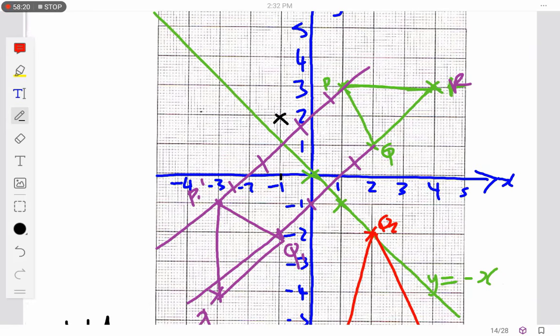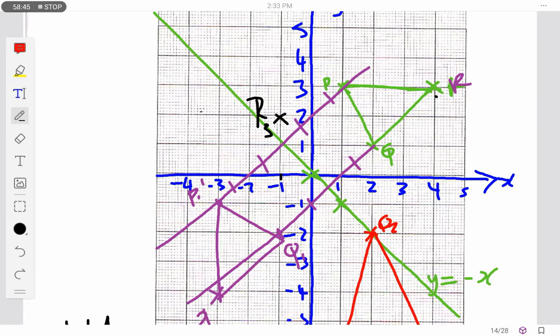Okay, fine. So this is my point R3 there. To get the translation vector, I want to see how I move from R1 to R3. I'll go minus 1 there, and I'm going 1, 2, 3, 4, 5.